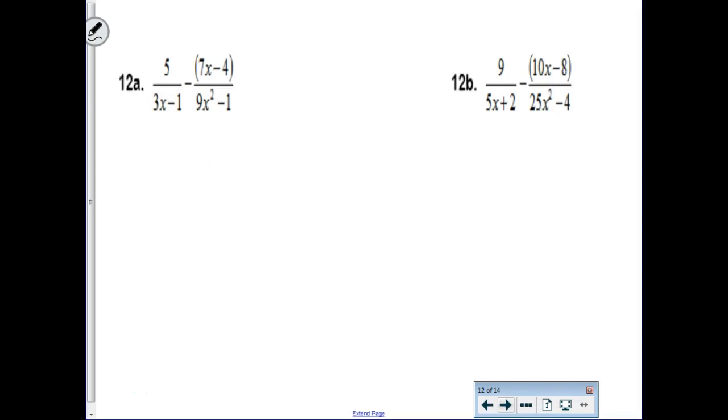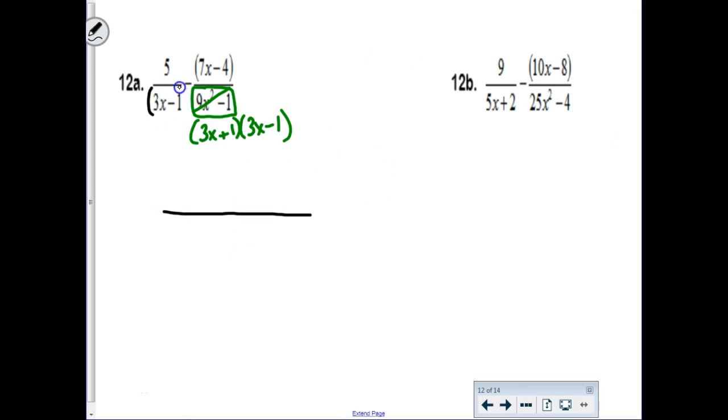Alright, and then the big kahuna here. They do not have common denominators, so that's a bummer. We're going to need to get common denominators, and right now it looks like it's going to be a lot of work. But wait, look at this denominator. I think if we saw it in terms of its pieces, in other words, if we factored it, we would have good luck in our future. This factors into 3x plus 1 times 3x minus 1. So the reason I want to factor that denominator is because I don't want to give myself too much of a denominator.